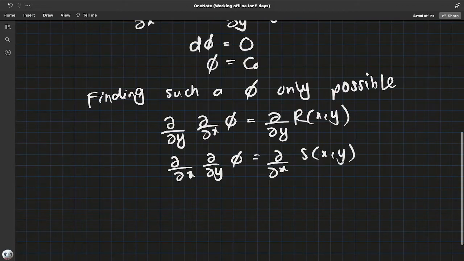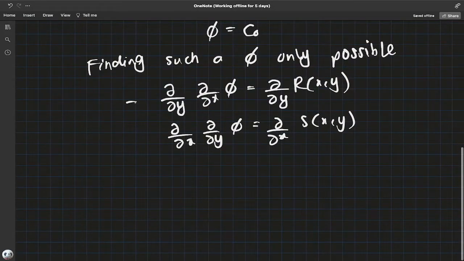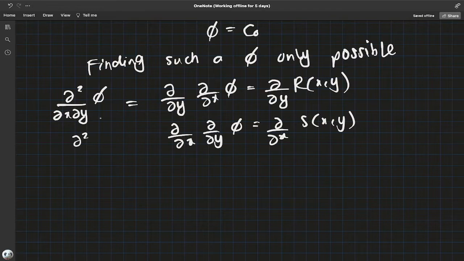And it might become clear in a minute why I'm doing this, because notice this is just a mixed partial derivative of second order. This should be partial y partial x, my bad.